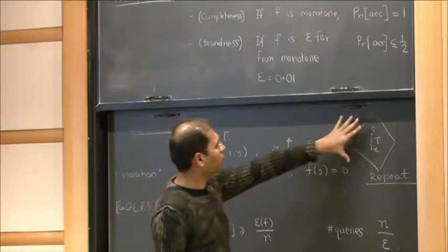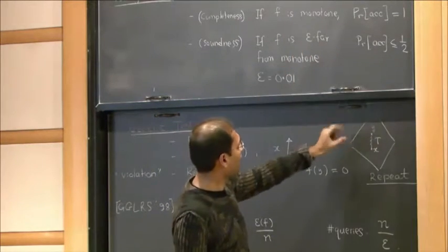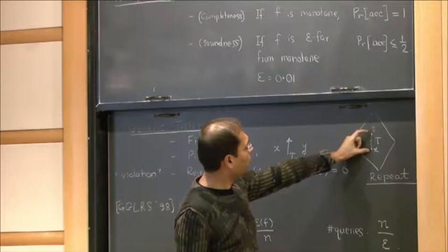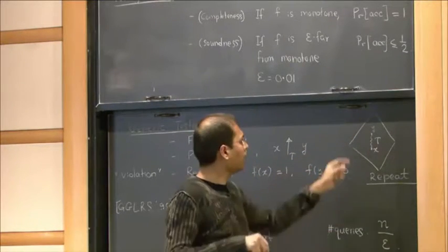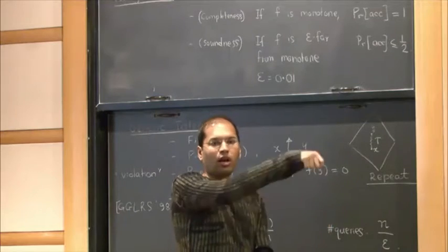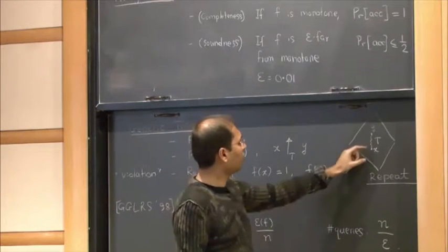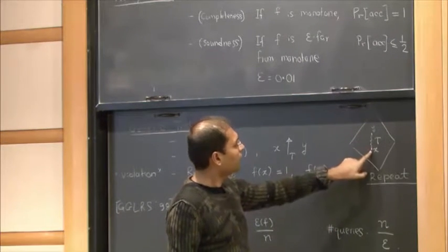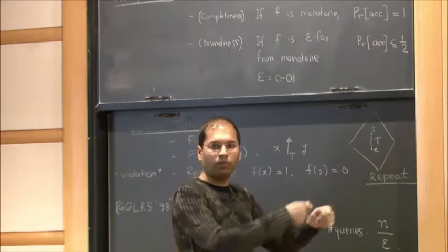And you pick, so this is the hypercube, the same pictorial representation, two inputs, x and y, such that y is distance tau above x, meaning you can change tau of the 0 coordinates of x into 1.